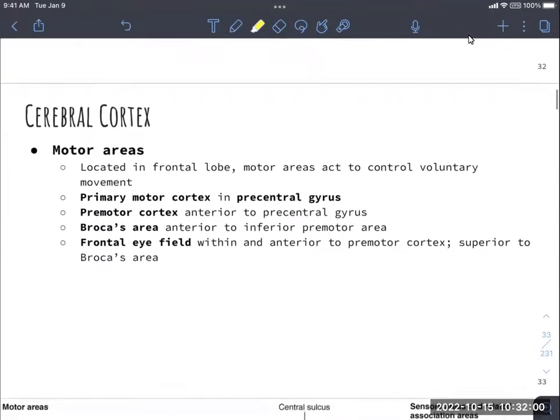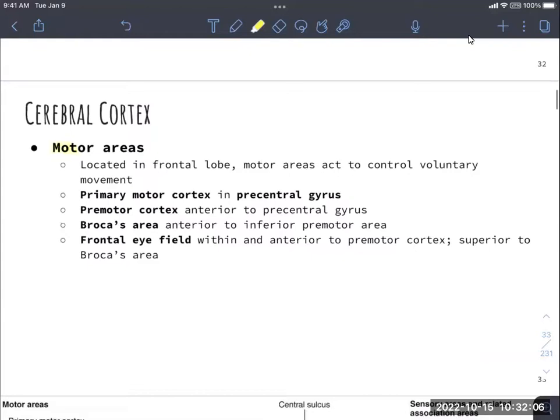So let's start breaking down the different portions of the brain here. We have a motor area. That motor area of our brain is in the frontal lobe, both on the right and the left side. And that's what allows you to do different voluntary movements like running, jumping, walking, writing.